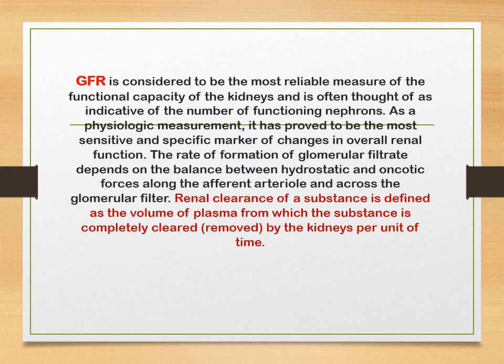Glomerular filtration rate, or renal clearance of a substance, is defined as the volume of plasma from which the substance is completely cleared, for example creatinine. That means filtered and removed by the kidney per unit of time.